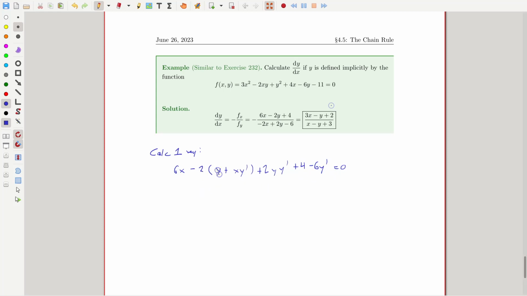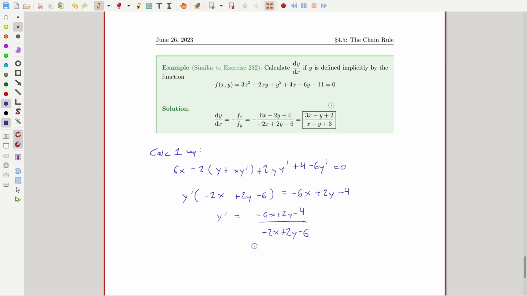And then you'd group everything with a y prime to one side, and everything else goes to the other. So this gives me minus 2x plus 2y minus 6 times y prime is equal to minus 6x plus 2y minus 4. And so you end up with y prime equal to minus 6x plus 2y minus 4, all over minus 2x plus 2y minus 6.